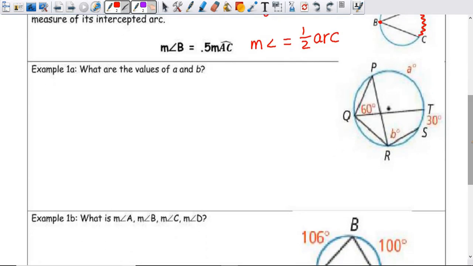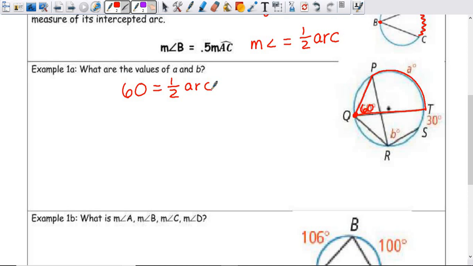So what are the values of A and B here? Let's figure out what information we have. A is this arc right here. It is made up from this chord and this chord, which tells us its inscribed angle is 60. Now 60 should be half of the arc.